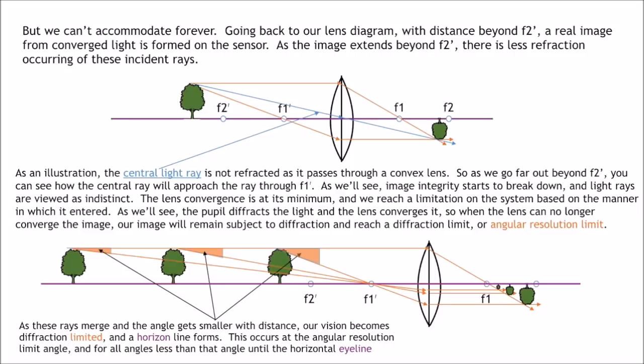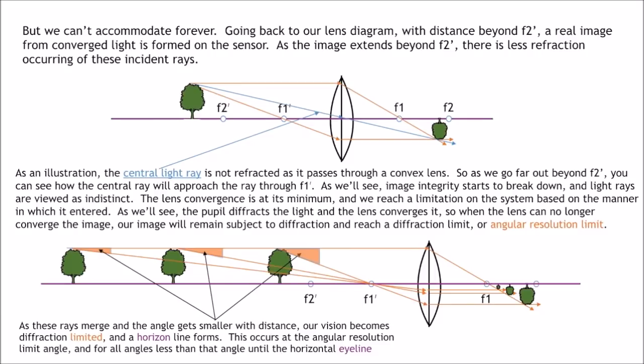So again, I'm trying to illustrate that here below. As these rays merge and the angle gets smaller with distance, our vision becomes diffraction limited and a horizon line forms. This occurs at an angular resolution limit angle, which we will discuss, and for all angles less than that angle until the horizontal eye line, theoretical zero angle, would be produced.